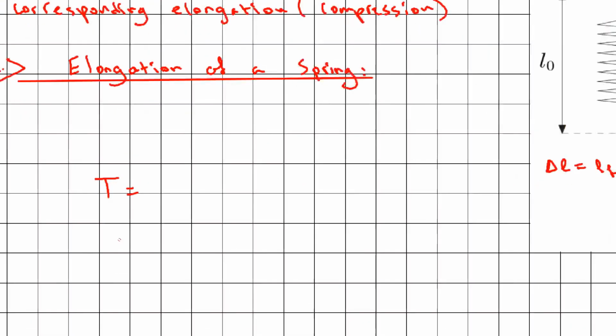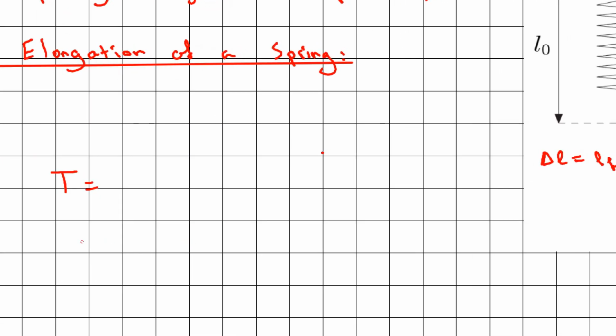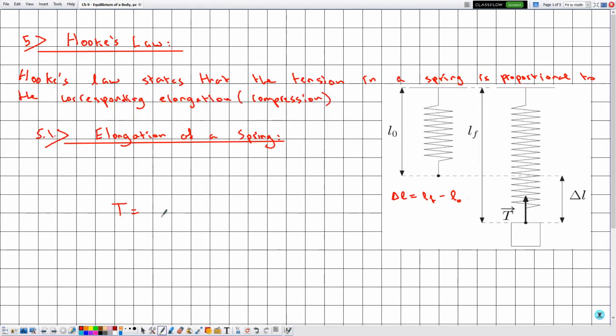So now referring back to this, because T will be directly proportional to the elongation, then T must be here and delta L must be here. And in this case the proportionality constant is given by K. So this is the new formula corresponding to Hooke's law.